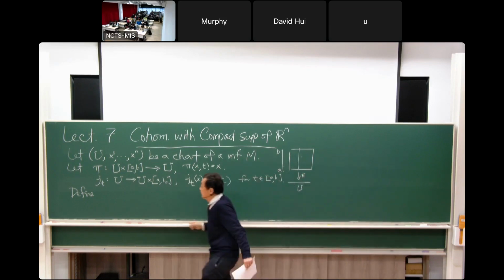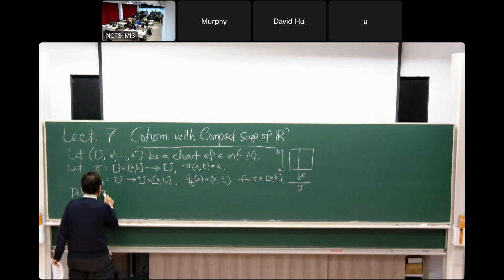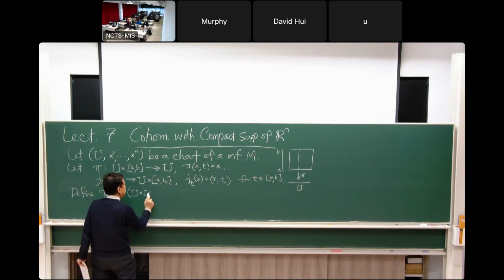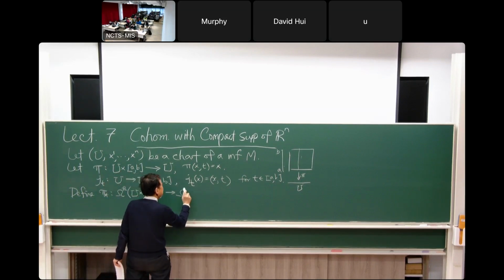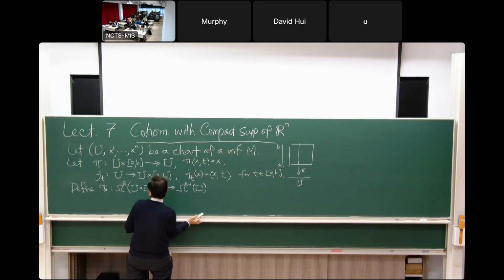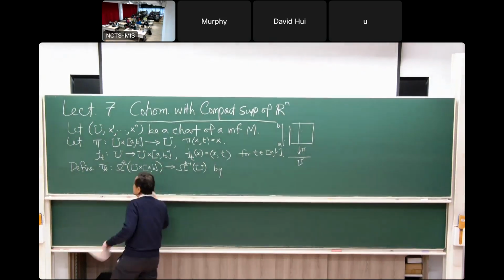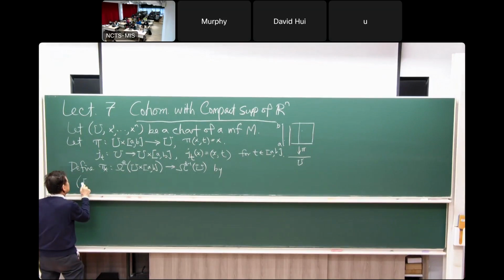So pi star goes from k-forms on U cross [a,b] to (k-1)-forms on U. And it's like last time, right?